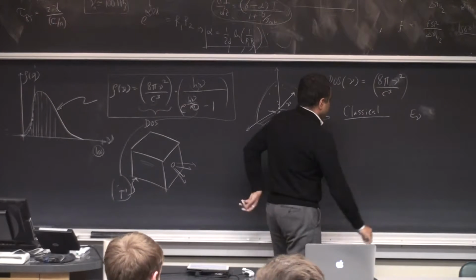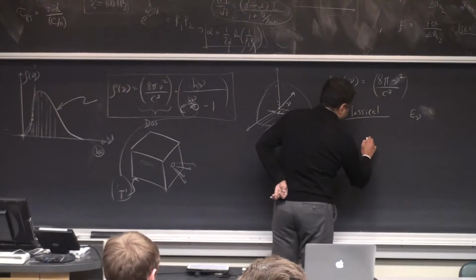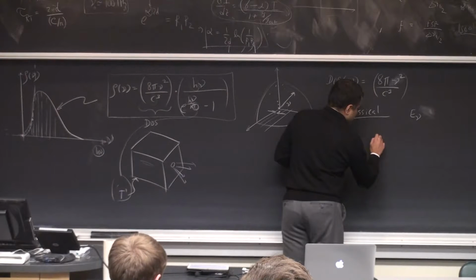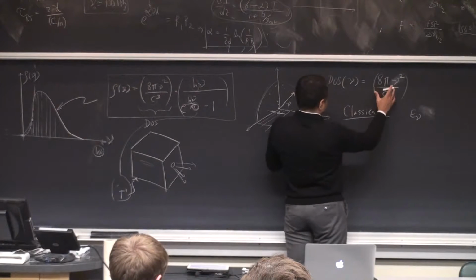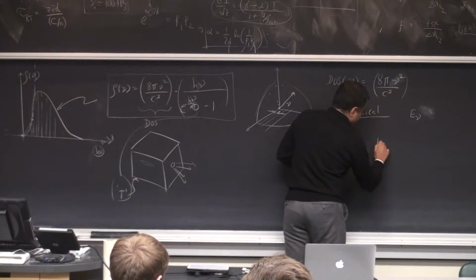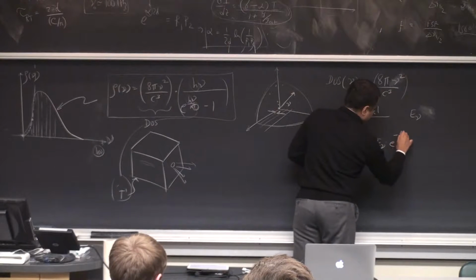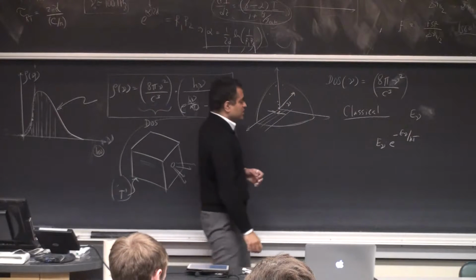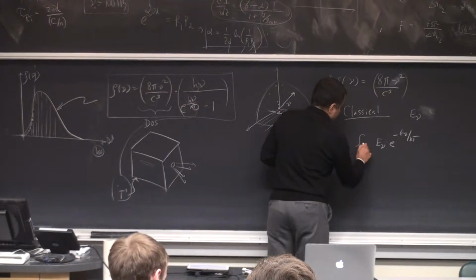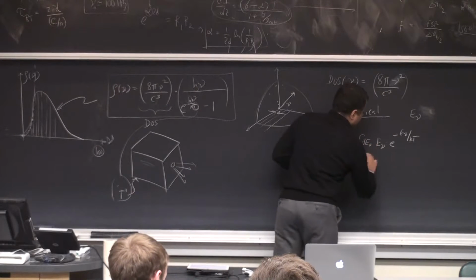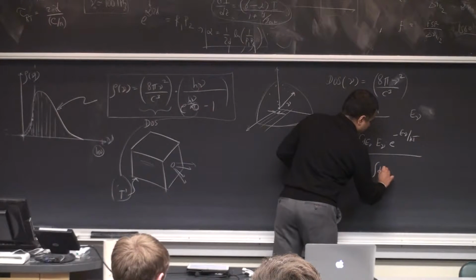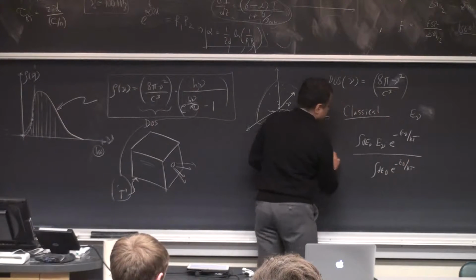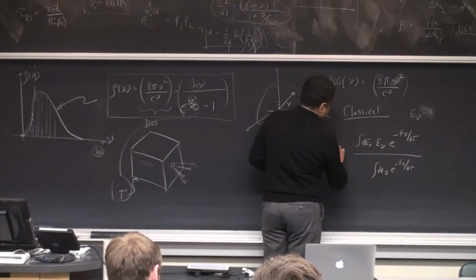And then the total thermodynamic, classical energy in that mode is the energy of that mode times the probability of that mode, and the probability of that mode is e to the power minus E nu by kT, and you essentially multiply and take an average over all possible values. This is the expectation value or the mean value of the energy of that mode. That's the classical picture.